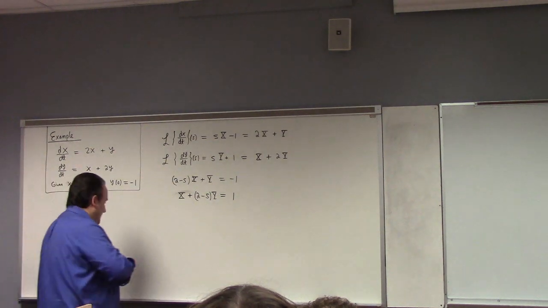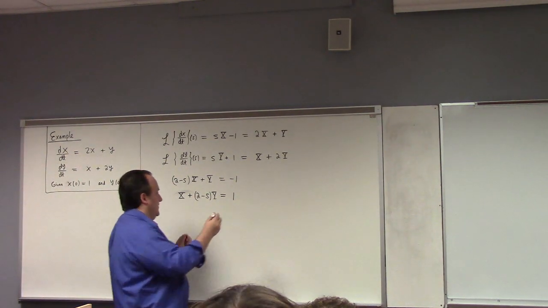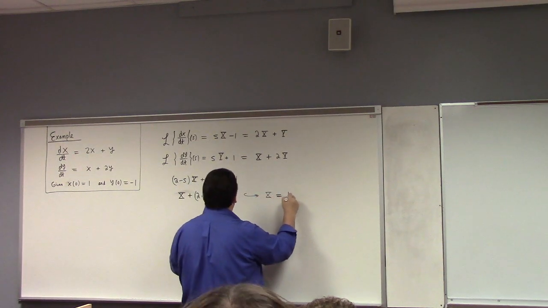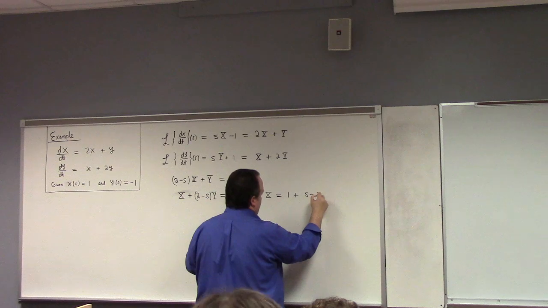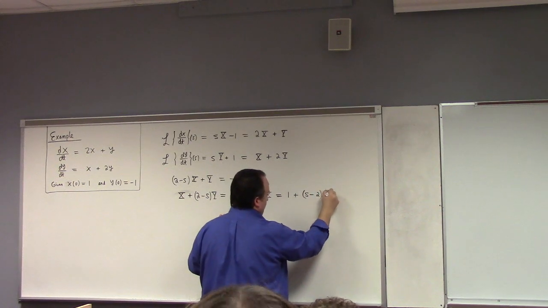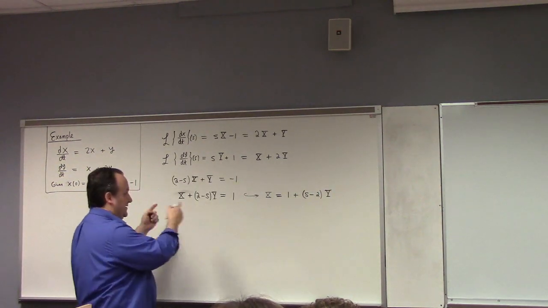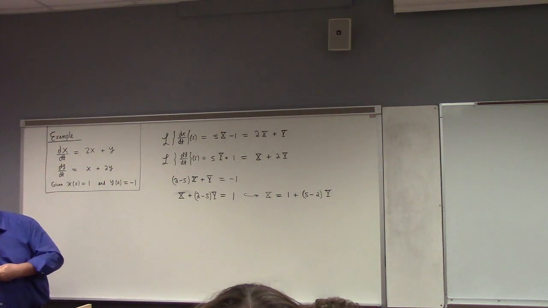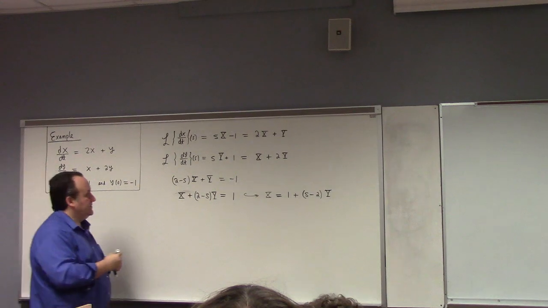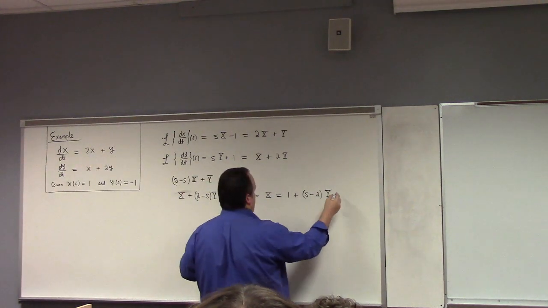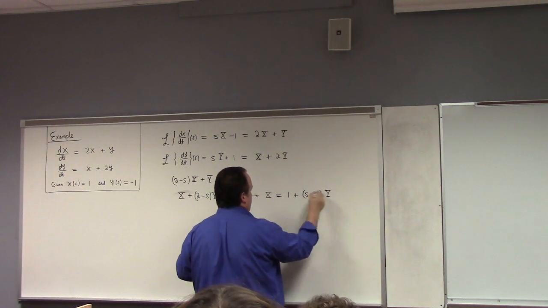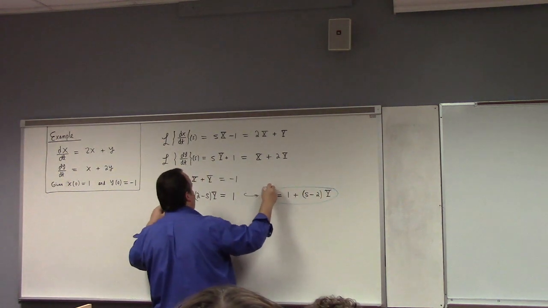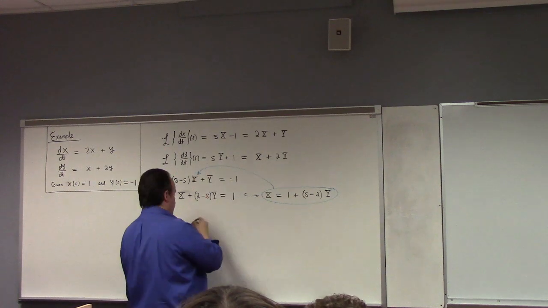Substitution, so boring. All right, so X equals 1 plus (s minus 2) times Y. Notice that I flipped the subtraction on the other side to absorb the minus. And then we take that and plug this up into there, right?